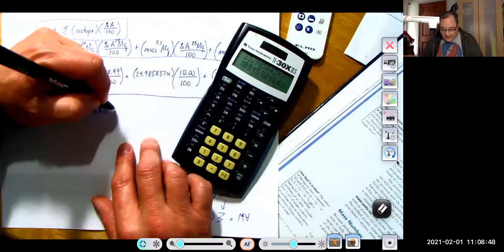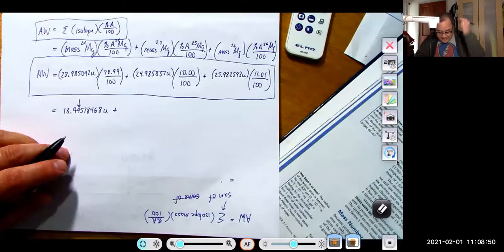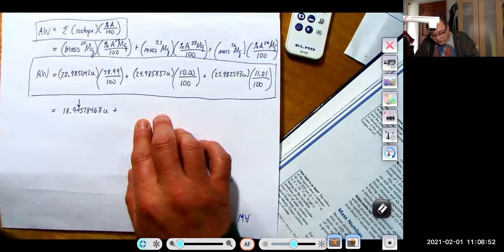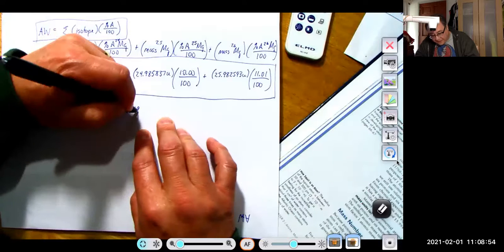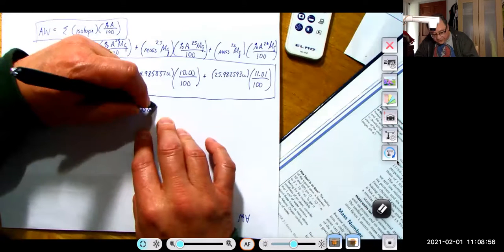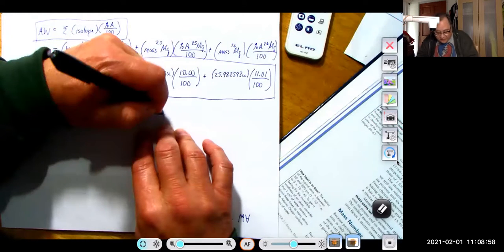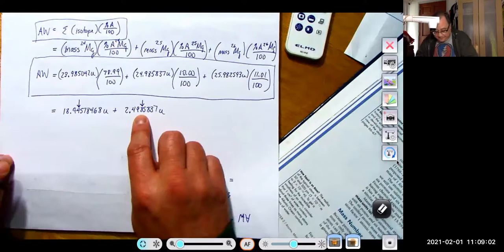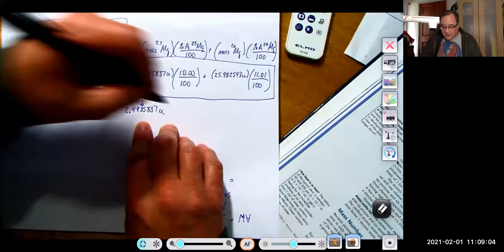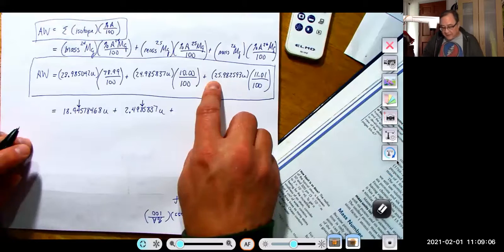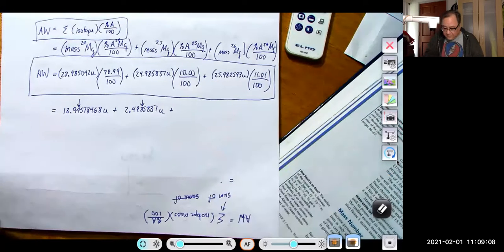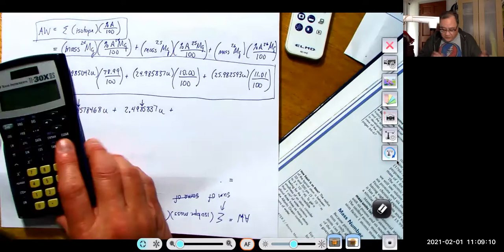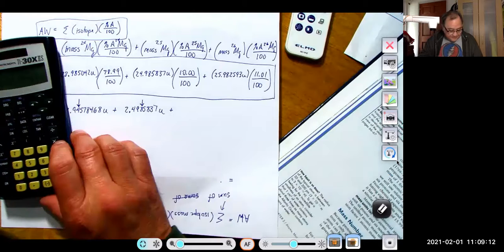Now this one I can actually do in my head. It's going to be 2.4985837 u. And I have 4 significant figures, so that's good too, that 8 right there. This one I know is going to be close to 2.598, but a little bit more. So it might be 2.6 something.